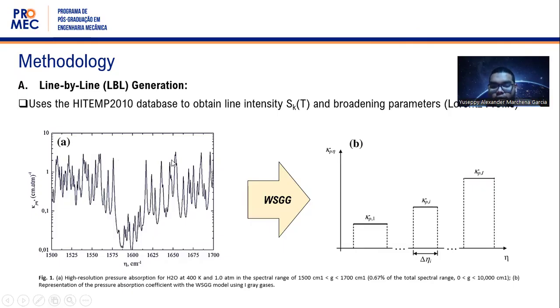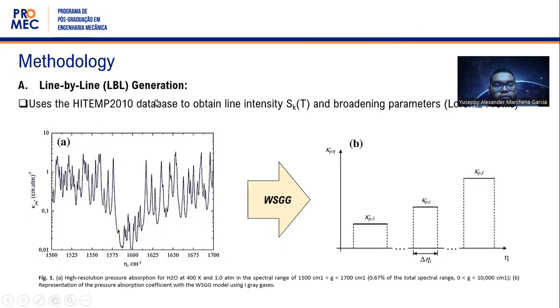line by line. Figure 1a, here on the left side of the slide, shows an example of a spectral absorption coefficient of water vapor, highlighting the strong irregularity of the spectrum. For mixtures, the total absorption coefficient is obtained as the weighted sum of the individual contributions of each species.